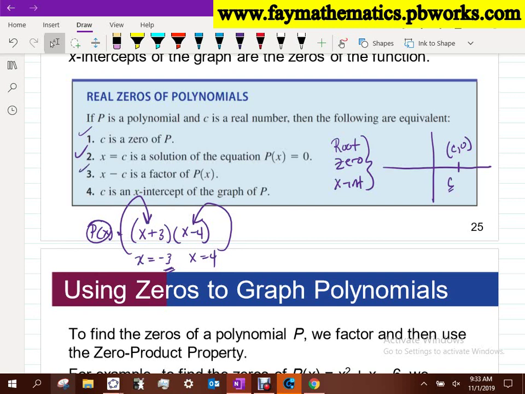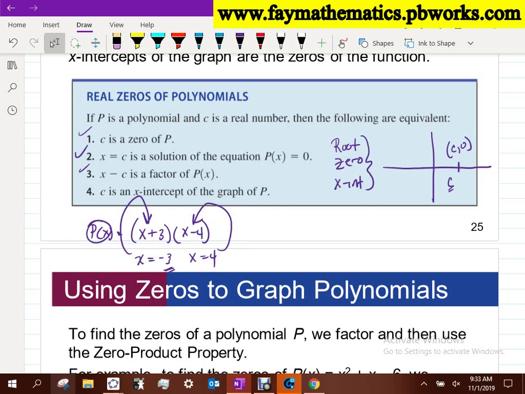And then the idea is, if those were zeros or solutions to the equation 0 equals X plus 3 times X minus 4, then that C value of -3 and the C value of 4 are also x-intercepts as ordered pairs. So when I give you an x-intercept, you automatically know a factor of your polynomial. That's what we're trying to get at here. If I tell you your x-intercept is 5, you know automatically that x minus 5 was a factor of your polynomial.